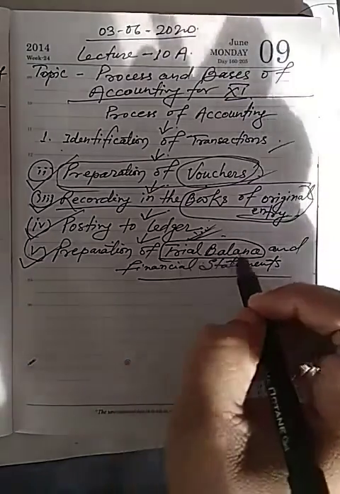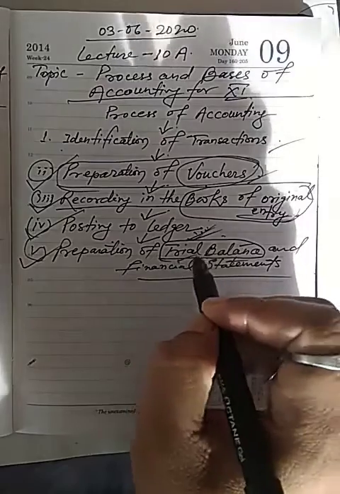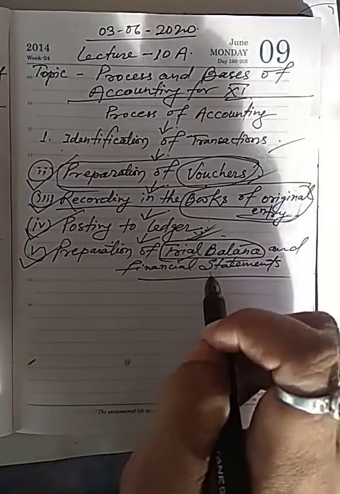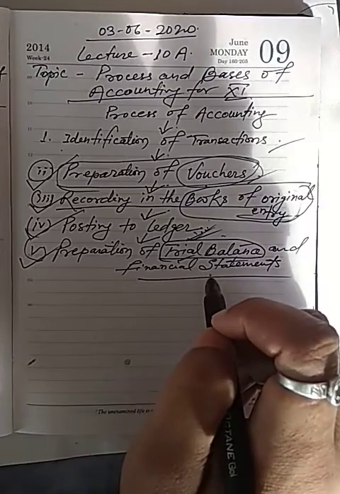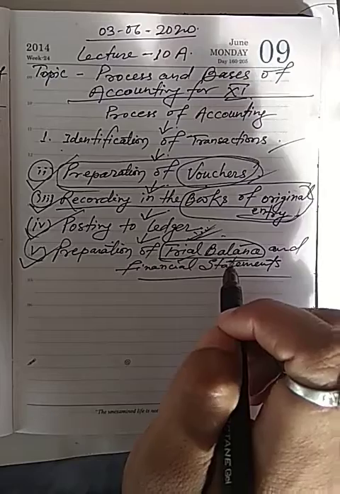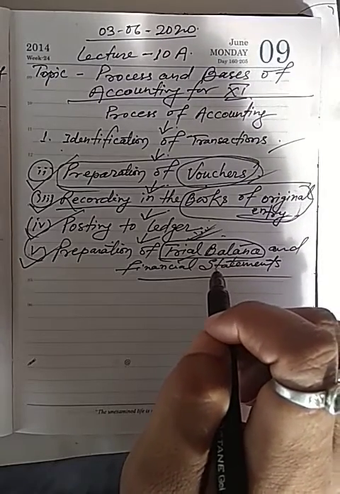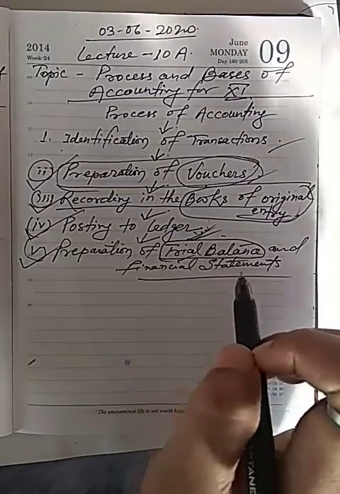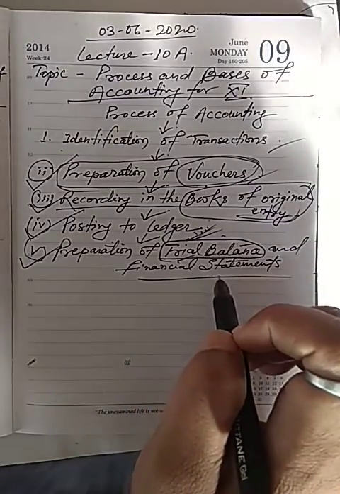If a trial balance does not tally, it indicates that some error in posting or balancing of accounts has occurred, and steps are taken to locate and rectify such error.